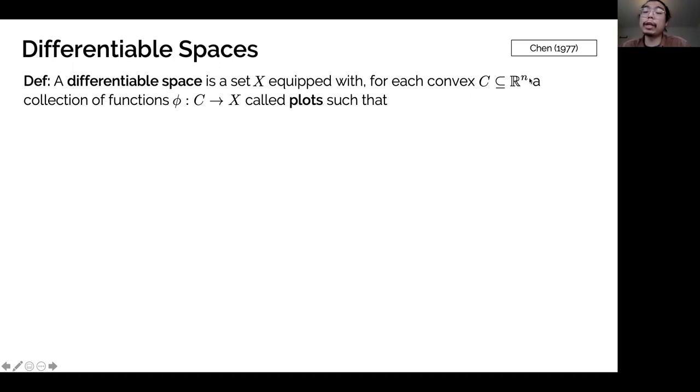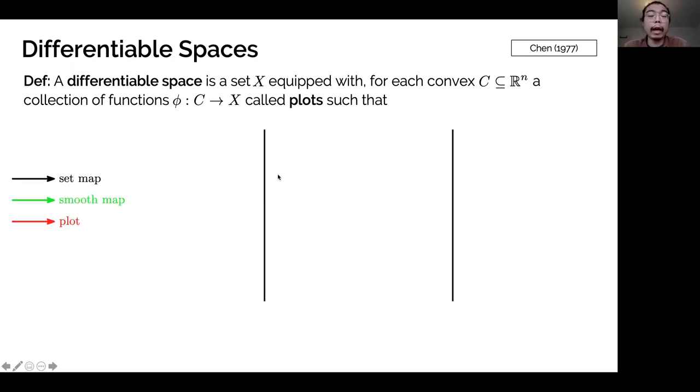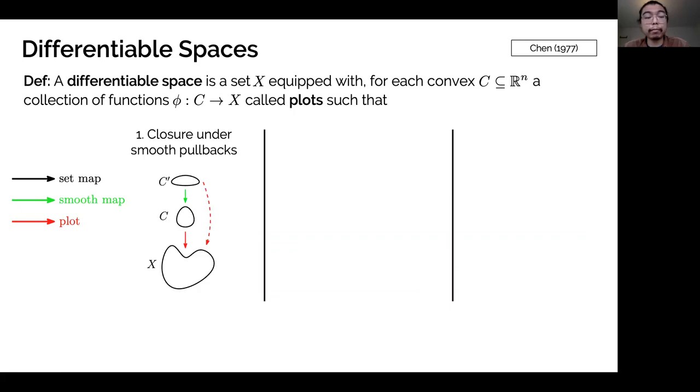So these can be convex subsets of any dimensional Euclidean space. And these just have to satisfy some compatibility conditions. These plots have to be closed under smooth pullbacks. So if a map from C to X is a plot, and we have a smooth map from C prime into C, then the composition is also going to be a plot.